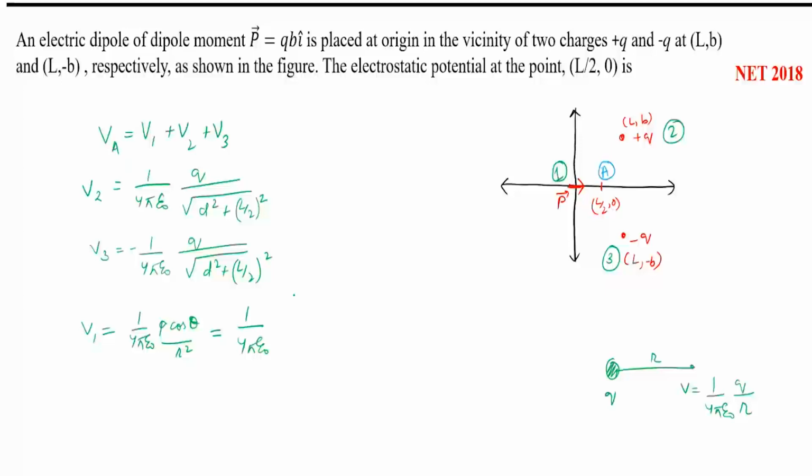QB. And what is theta? 0 degree, cos 0 degree. And what is R square? L by 2 the whole square. Very good. So now we have got V1, V2, V3, and the net potential you can just sum up. That's it.